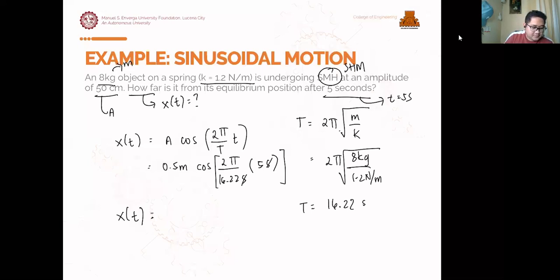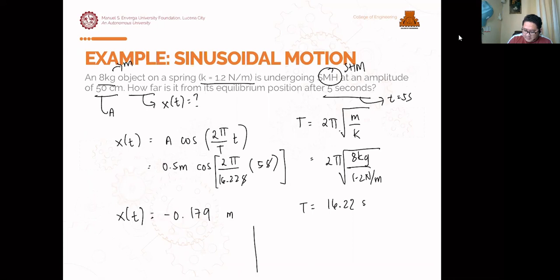Negative 0.178. 179 po. Okay, so we have negative 0.179. Okay, so anong unit ito? Meters, no? So, ano ibig sabihin ng negative sign?